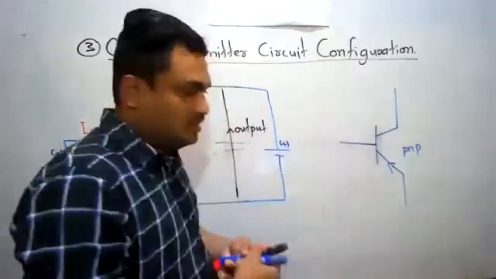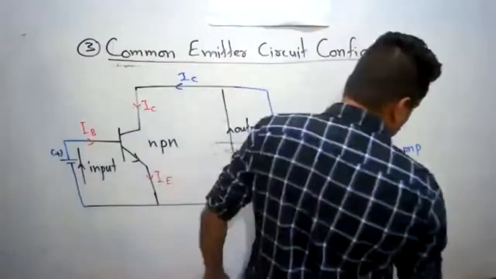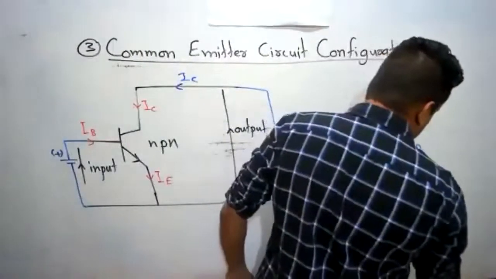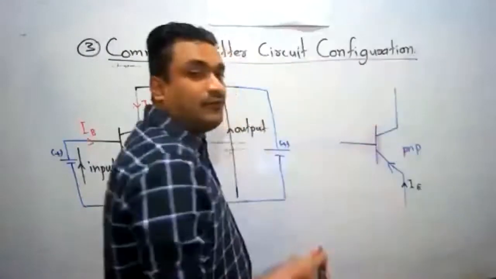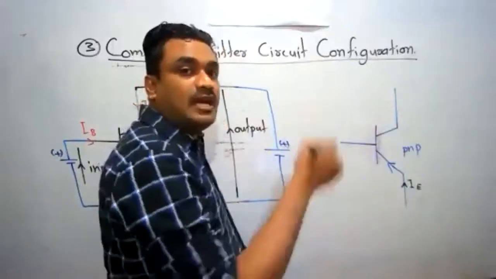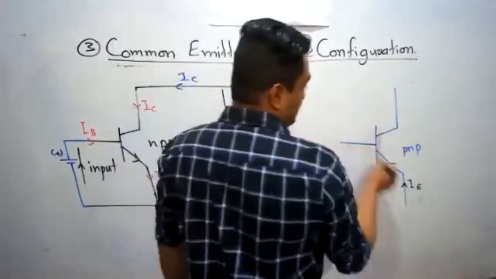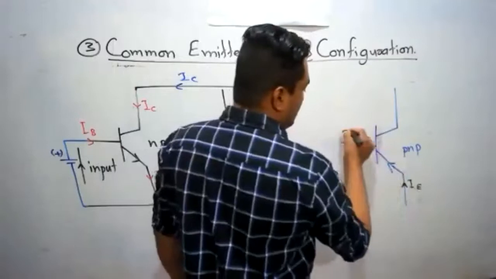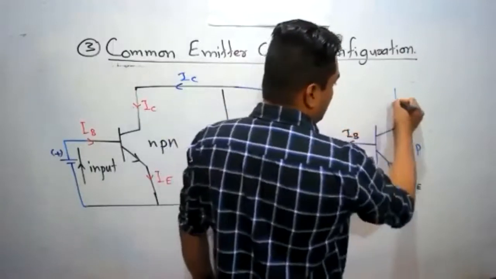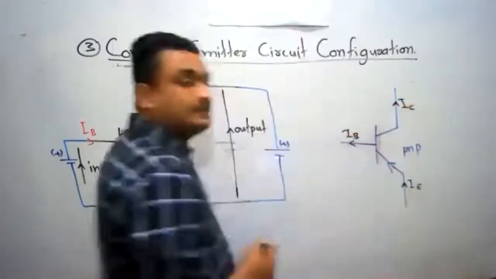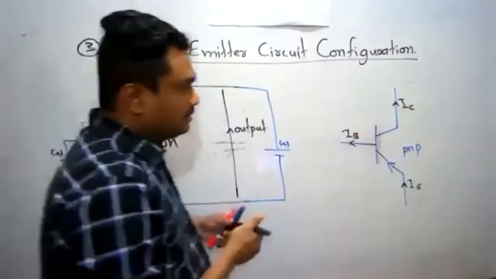Arrow towards means the current IE flows into the transistor. If IE flows in, IB and IC flow away. Right?